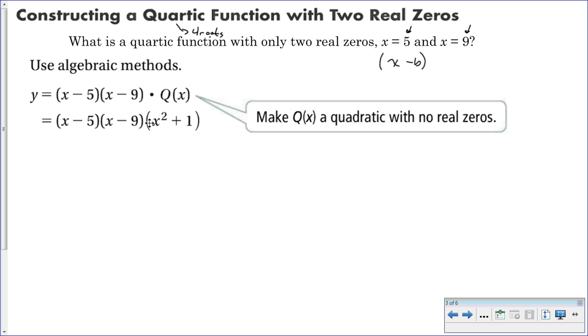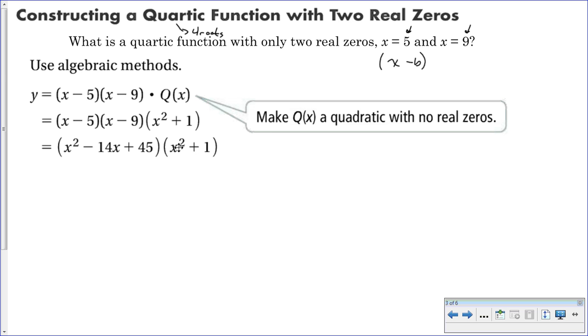So once you have your two roots and then your q of x, which has no real zeros, you simply multiply your two roots together. So when you multiply the x minus 5 and the x minus 9, you're going to get x squared minus 14x plus 45, and then again times the x squared plus 1.